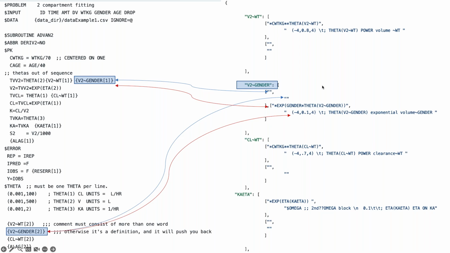These are the blue lines showing the different connections here. Alternatively, it could be substituted with the exponential relationship. These are the red connectors. For V2 gender 1, we have an exponential relationship between gender and the volume of distribution. And then for the V2 gender 2 token, we swap in the initial estimates and some comments about what this is, and that would be swapped in under the $THETA block.